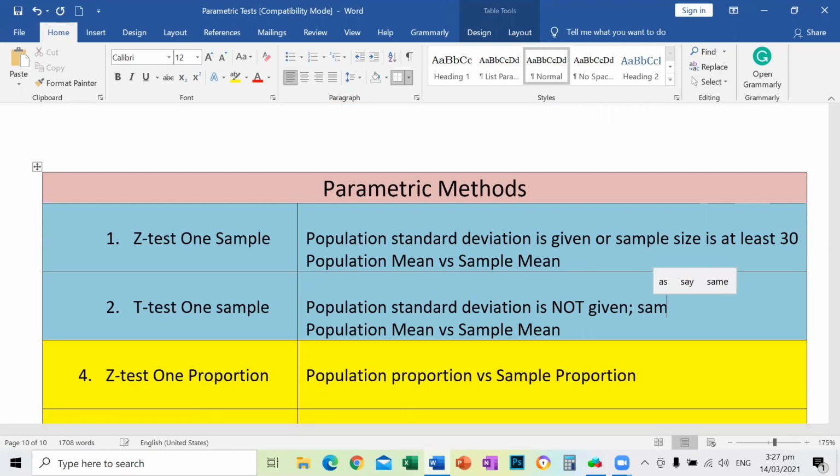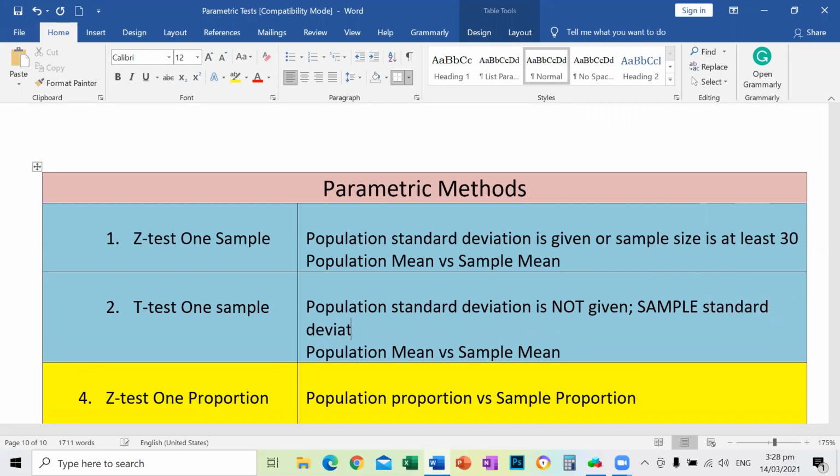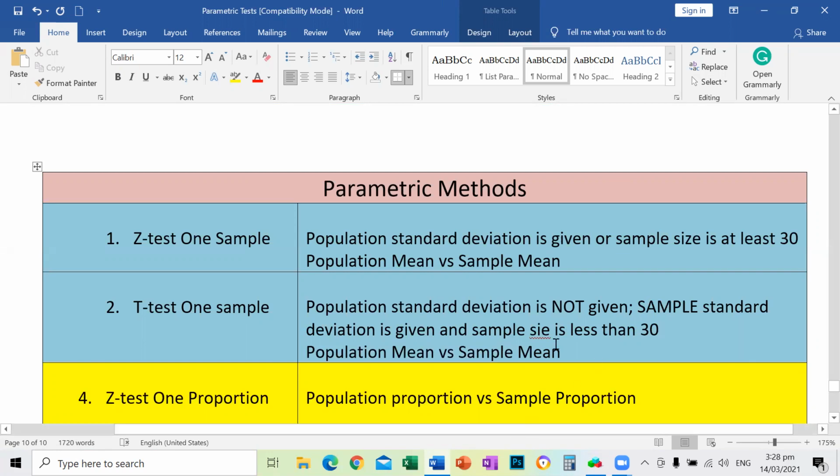Instead, the sample standard deviation is given, and the sample size is less than 30. Take note of these assumptions or criteria.